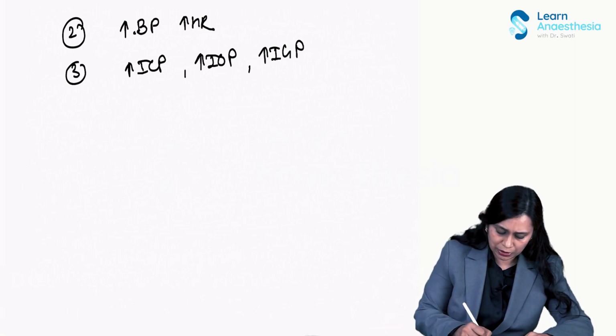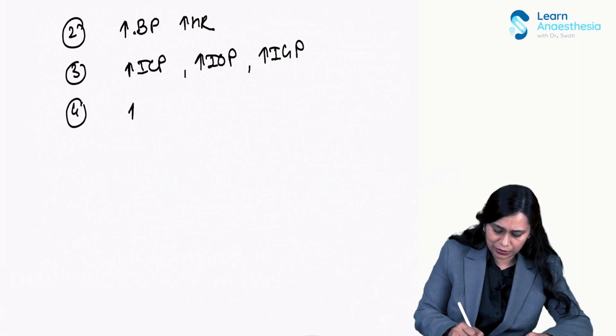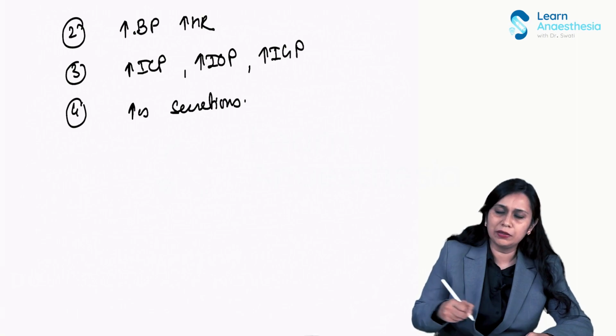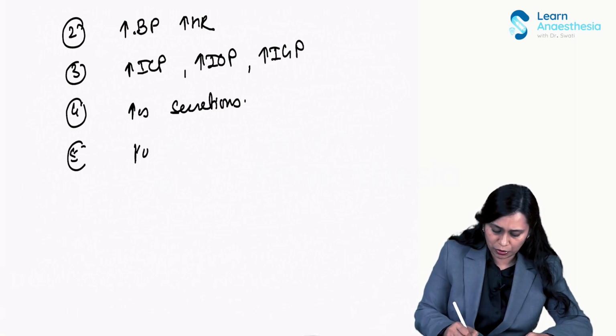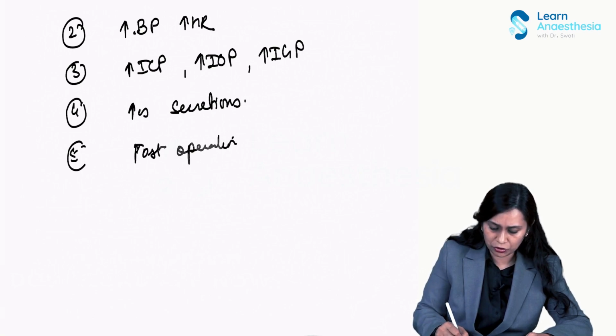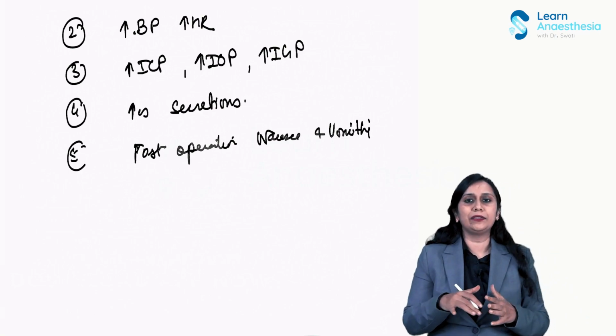Now, ketamine increases secretions in patient. This is also a problem with ketamine use. Ketamine can cause post-operative nausea and vomiting, right? So these are the side effects of ketamine.